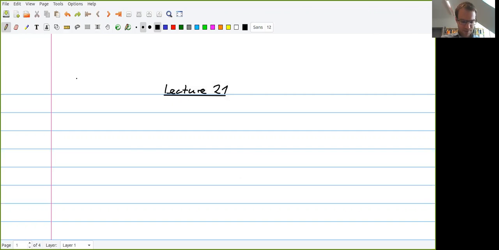So I want to first recall a bit what we introduced last time, because we introduced some new notation, and then unfortunately I want to do some changes as well, because I realized that there is some inconsistency with the notation I already have introduced. Sorry for that, but I will explain it now.